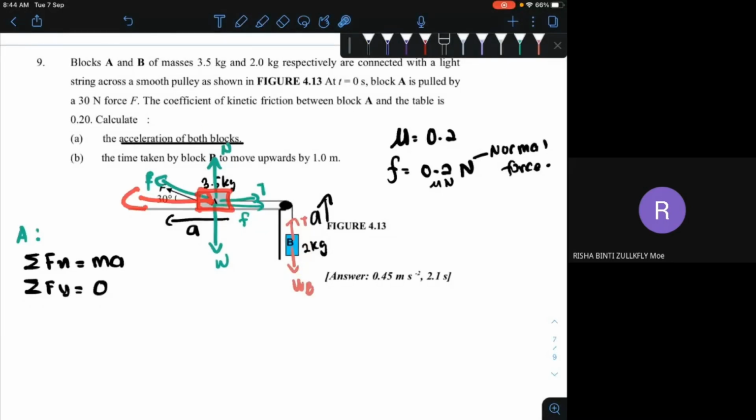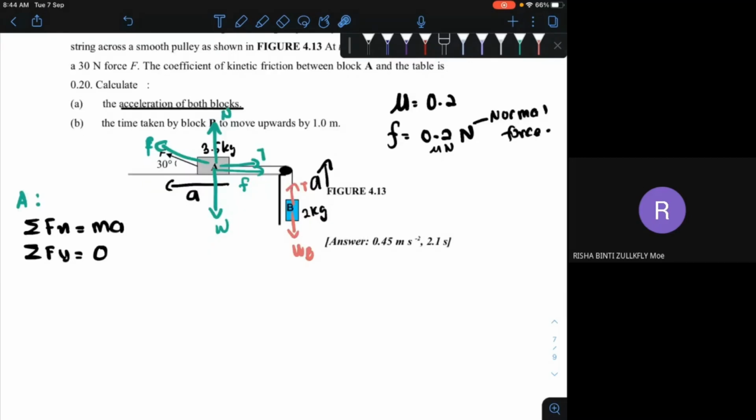Dia bukan naik atas, turun bawah. Okay. And then for your object B pula, dia naik ke atas. So the motion is along Y component sahaja. So summation Fy yang akan sama dengan ma sekarang. Okay. Cuma ini mass of B, ini mass of A.